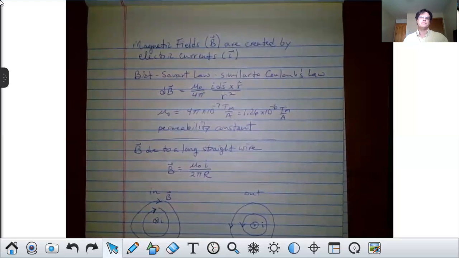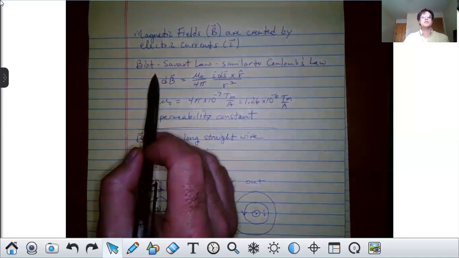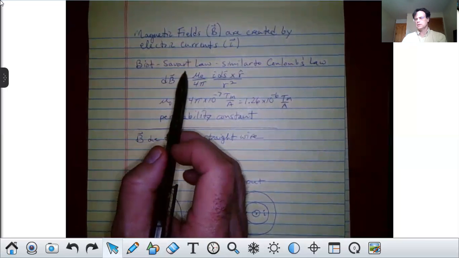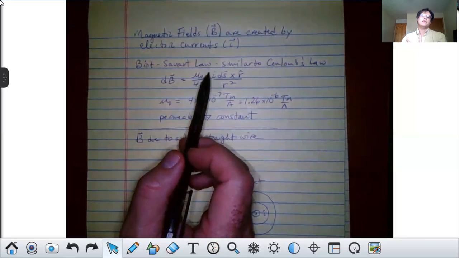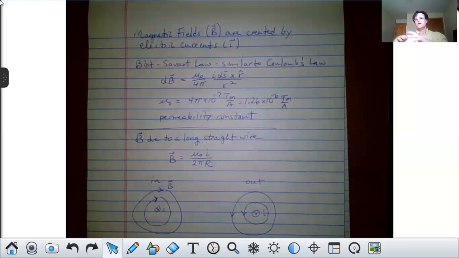That's how they're created. And for permanent magnets, or bar magnets, it's really those electronic motions in the atoms that create that. But for what we're going to do for the problems, we're going to look at electric currents in a wire. And as it turns out, there is a fundamental law that allows you to calculate the magnetic field if you know the currents and how they're distributed in the wires.